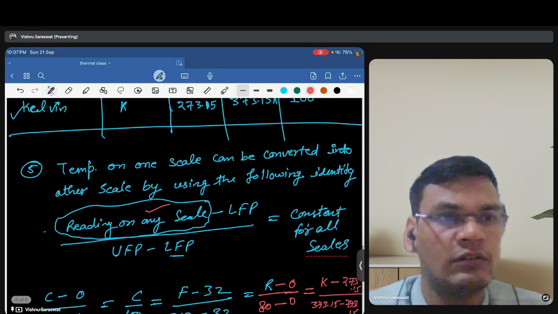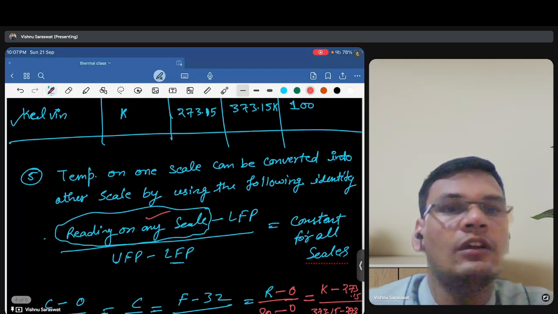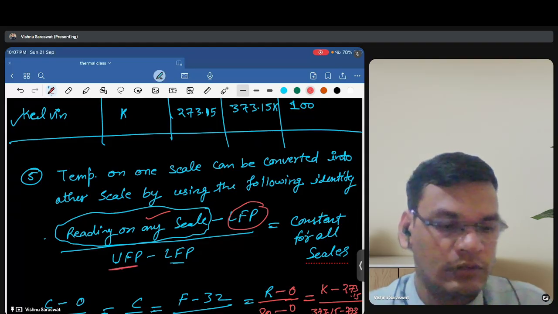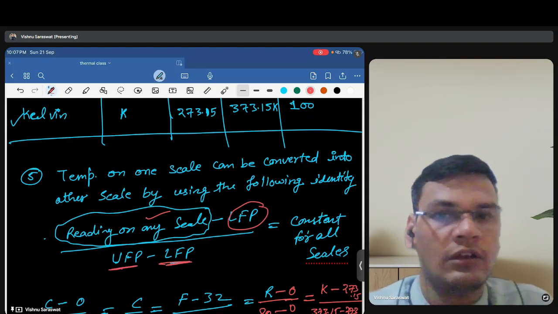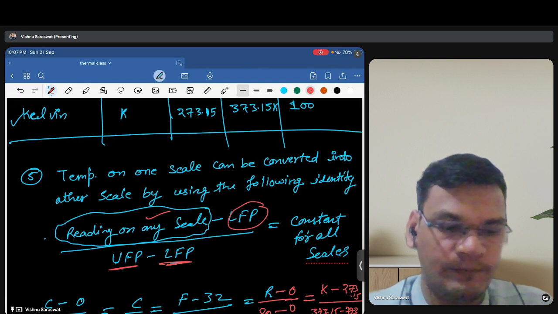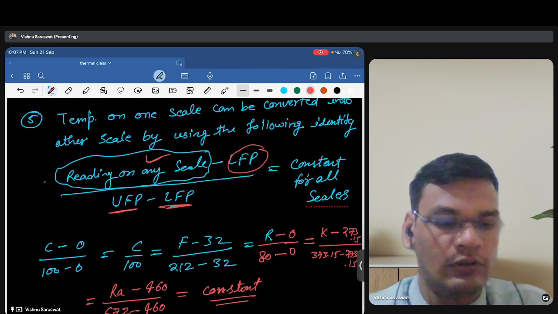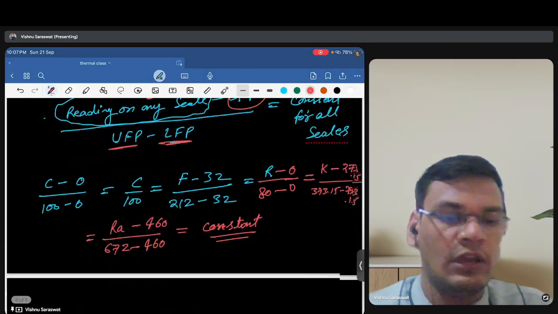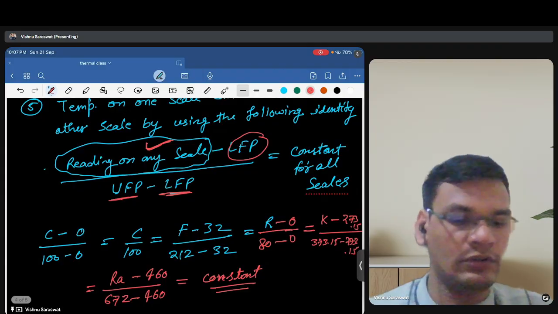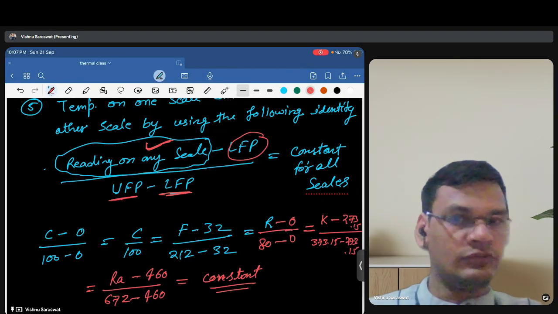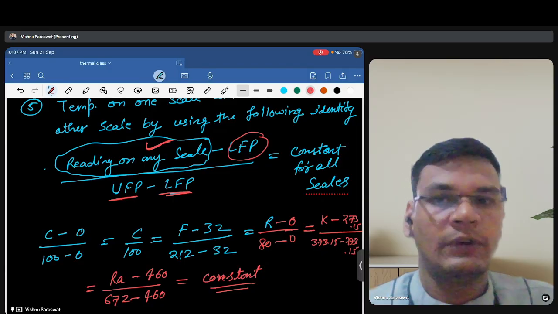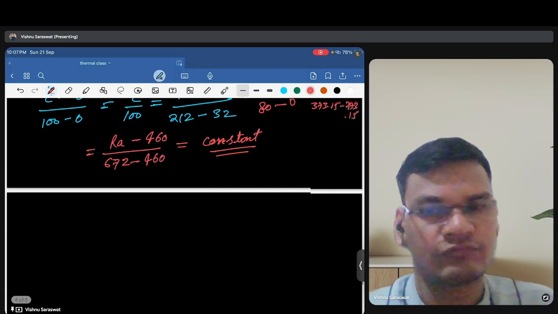Using the formula: reading on any scale minus lower fixed point, over upper fixed point minus lower fixed point, equals a constant. For Celsius you put C minus 0 over 100 minus 0, and for Kelvin you put K minus 273.15 over 373.15 minus 273.15.